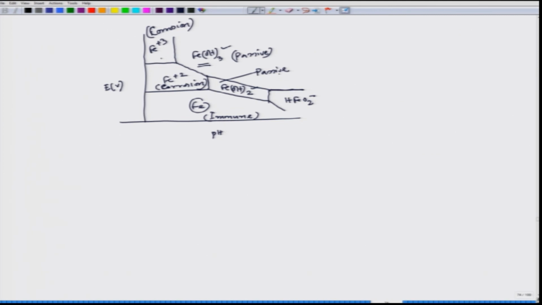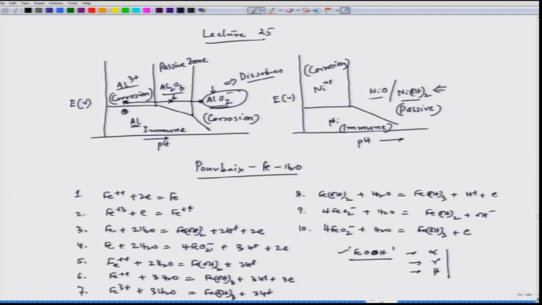Now, interestingly, just like in case of aluminum, we have one complex iron species, which is HFeO2 minus. This also dissolves in water easily. So, again this zone definitely will be corrosion zone. And then if I try to indicate with schematic, for example, here also I can note down those reactions.